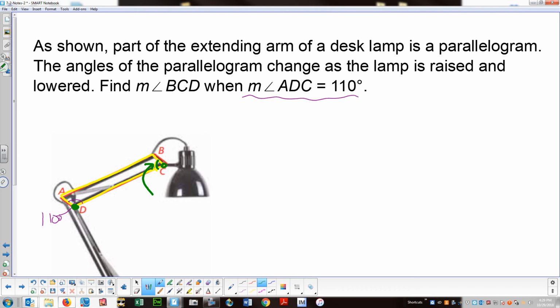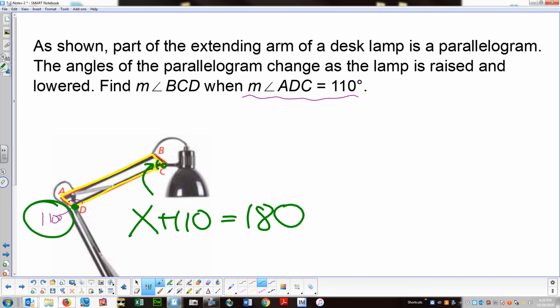Okay, so since they're one after the other, this one's 110, and this one's x. They're not equal to each other, but they add up to 180. Okay, so this angle x, or this measure of angle BCD, is going to be 70. Okay, all right. So they're supplementary.